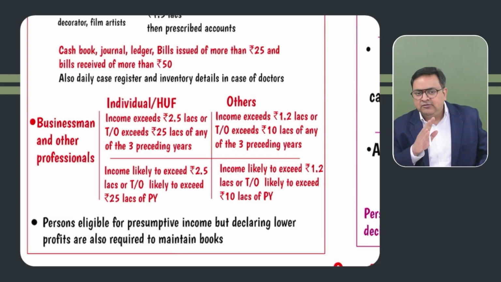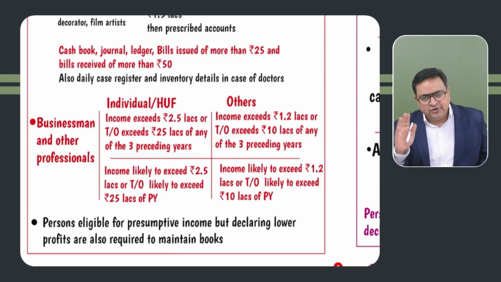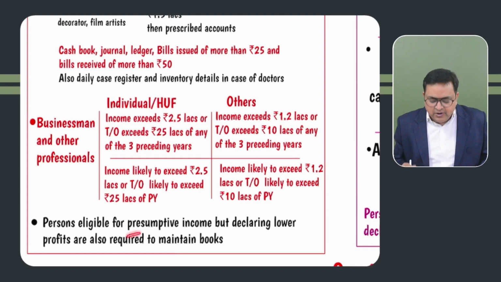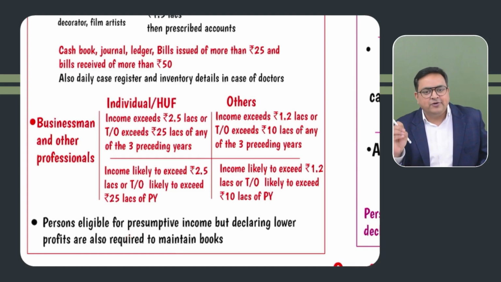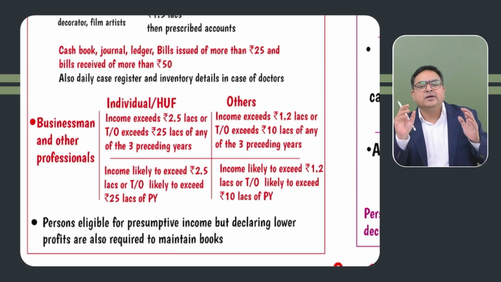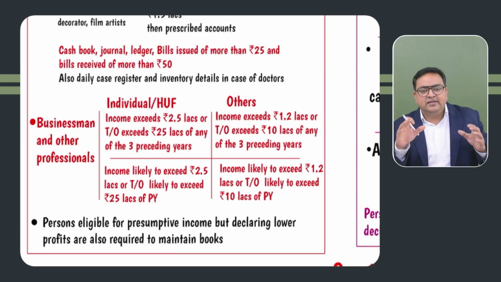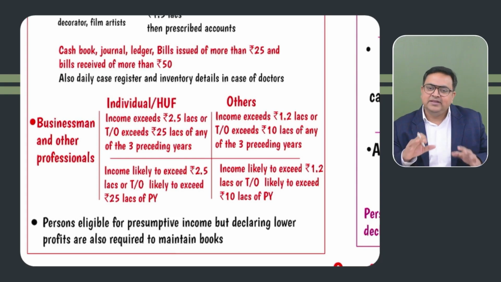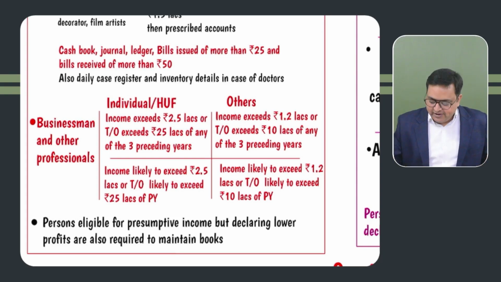For others, if the person is not individual or HUF, it is income 1.2 lakh and turnover 10 lakh rupees. Got it? And persons who are opting for presumptive income under 44AD, 44ADA, 44AE, they are not required to maintain the books of accounts. But if they are claiming that their income is less than the presumptive income, then they are also supposed to maintain the books of accounts. Got it?